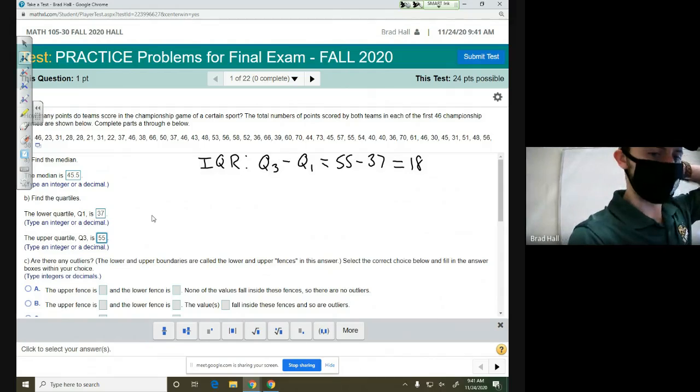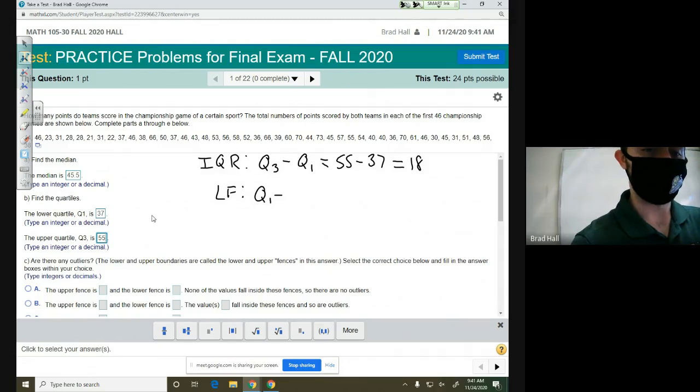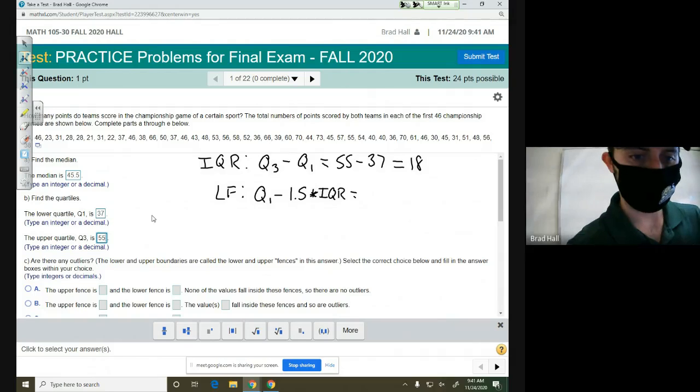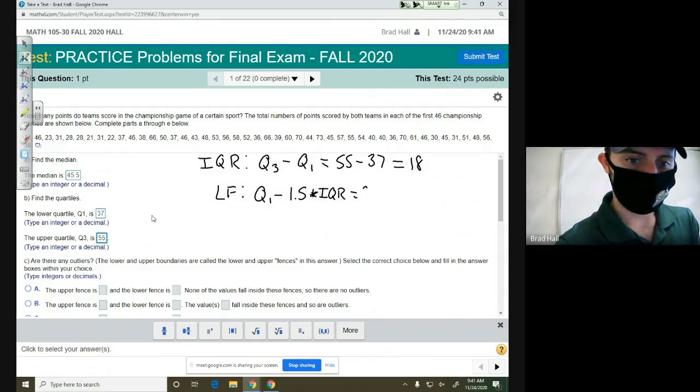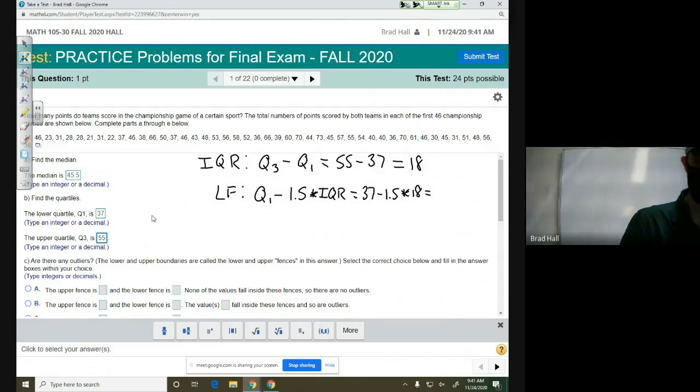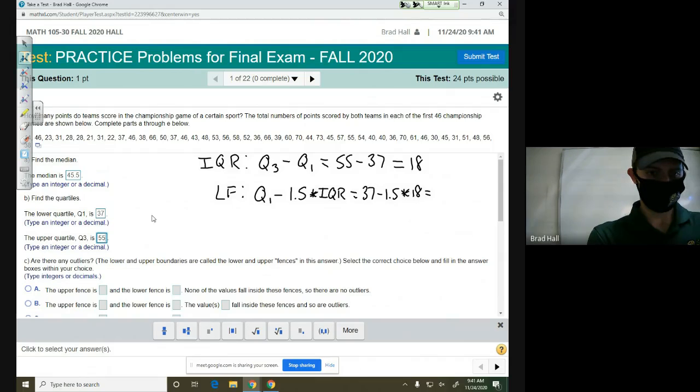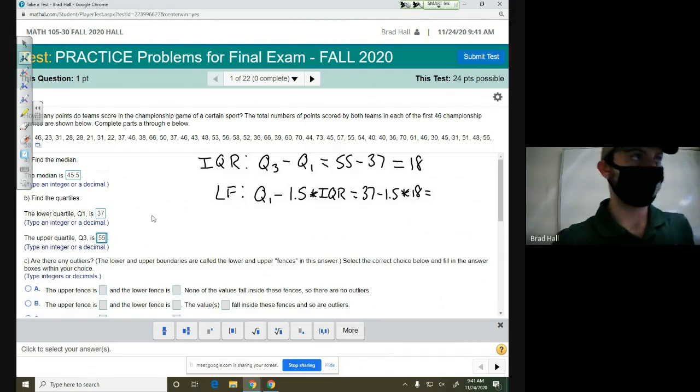And now from here, we can figure out the lower fence, which is Q1 minus 1.5 times the interquartile range. So that's 37 minus 1.5 times 18. So we get 10.